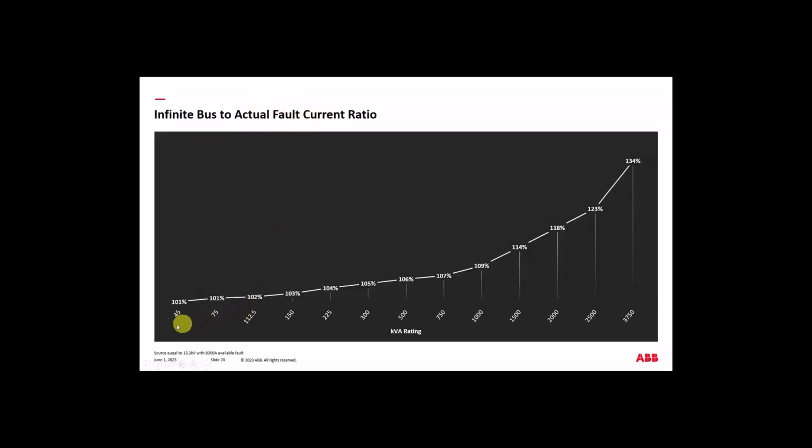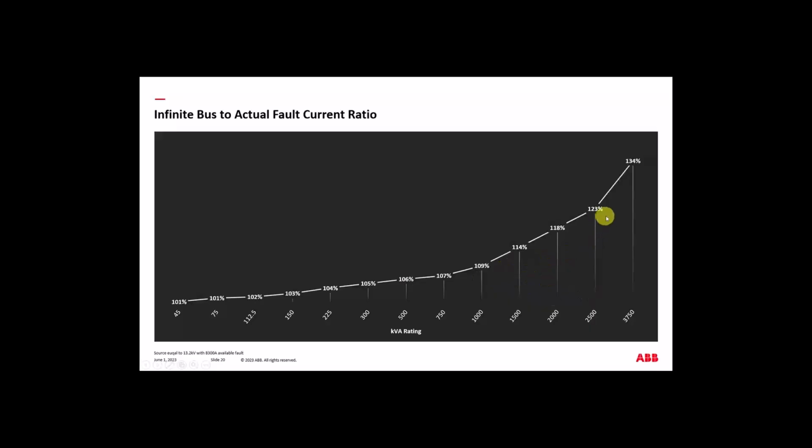If you notice, in the small transformers, from 45 all the way up to 500 kVA, there's only a 6% difference, which is very small. Once you get into larger size transformers, especially above 1,000, then it gets significant.